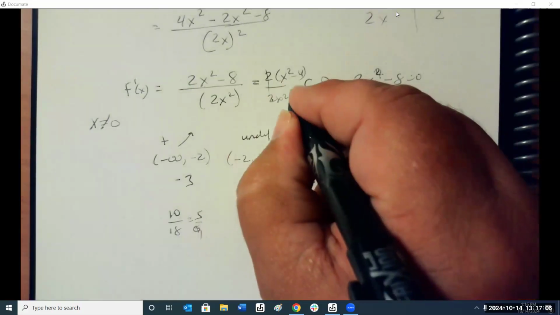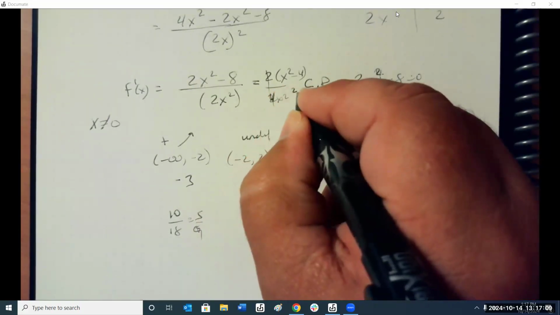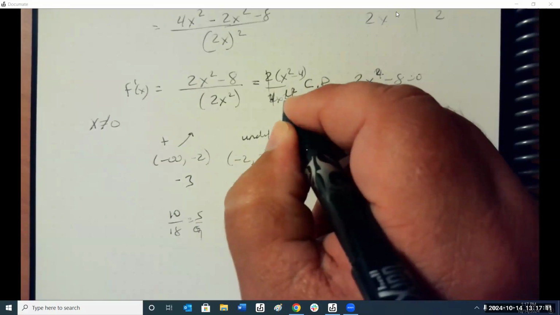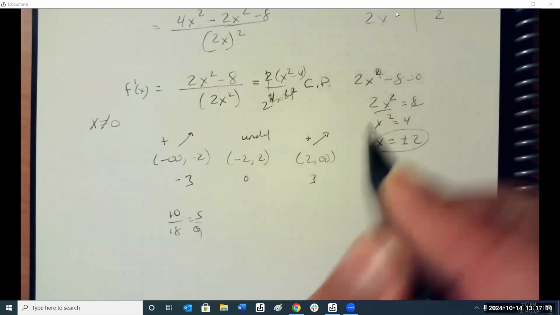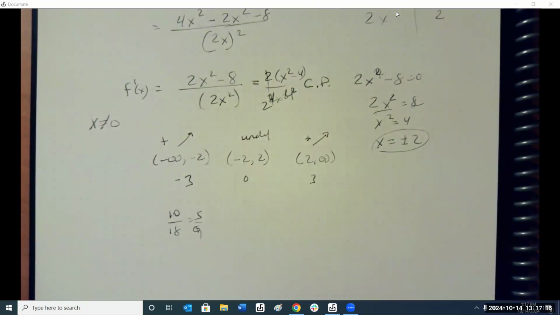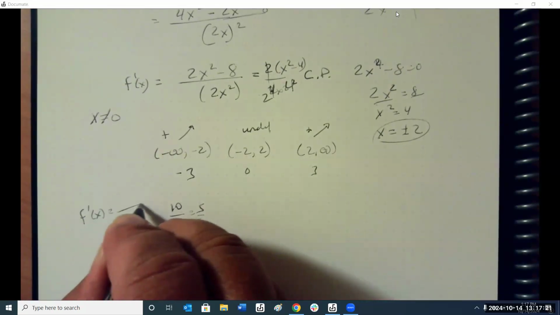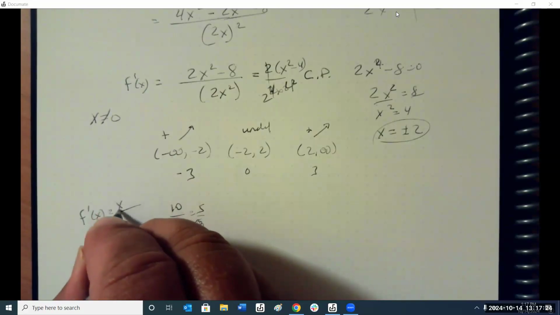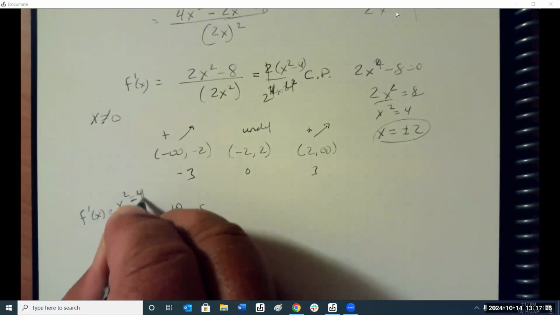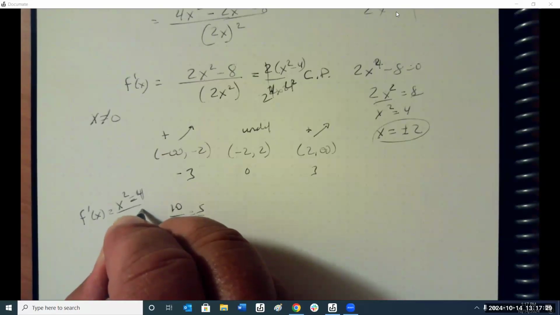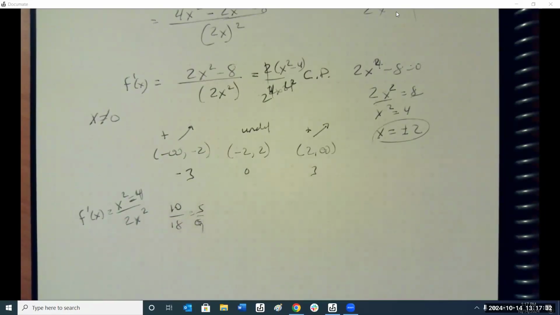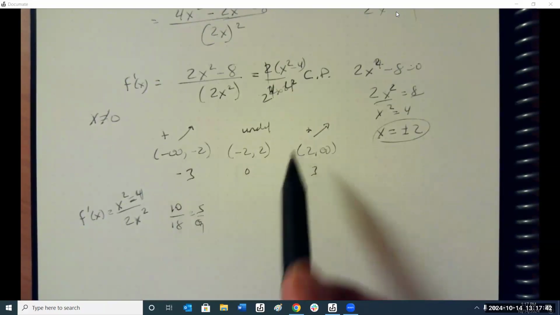So the first derivative is x squared minus 4 over 2x squared. So it's consistently increasing.